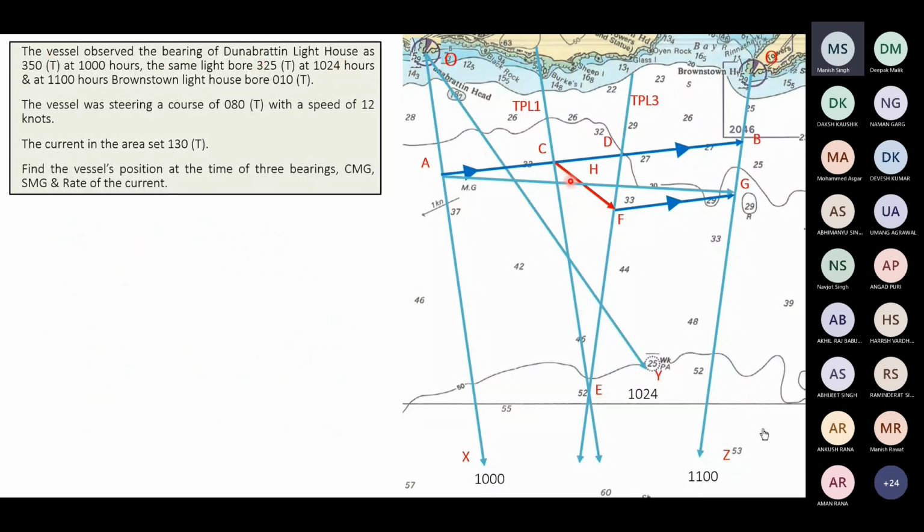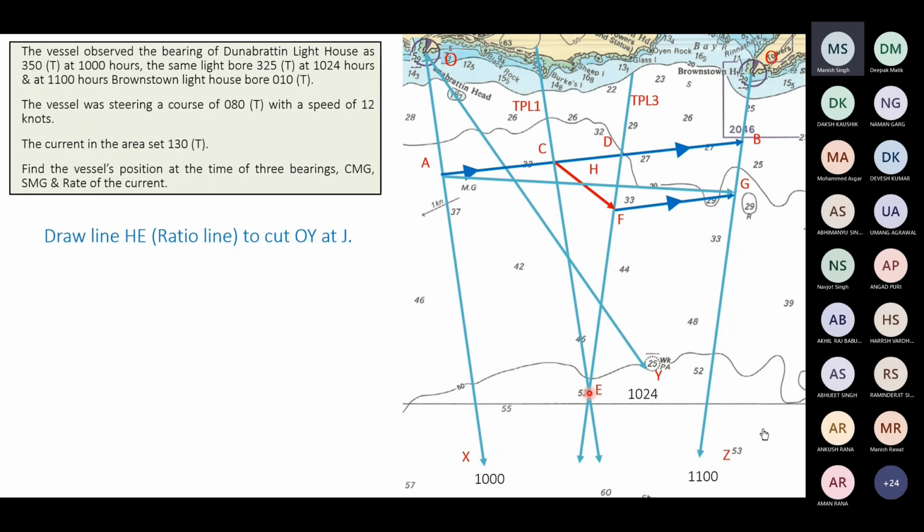Moving further on our plot, we have this H point identified. Now we had the Echo point already identified on our plot where TPL1 and TPL3 intersected.